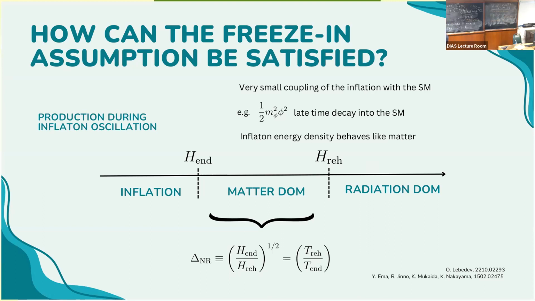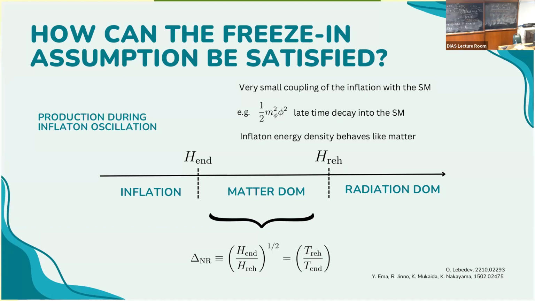Practically, say there's no matter-dominated epoch, then we have some production, and the farther away we put the reheating temperature with respect to the end of inflation, the more dilution we have. So it's just dilution due to expansion?